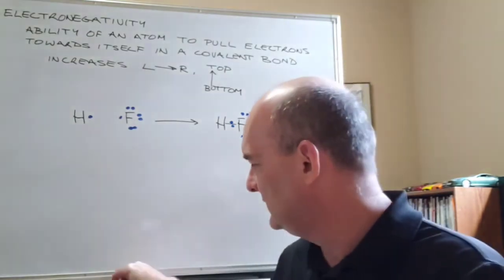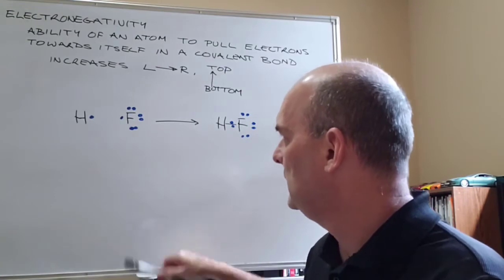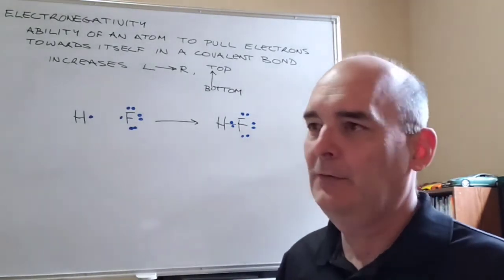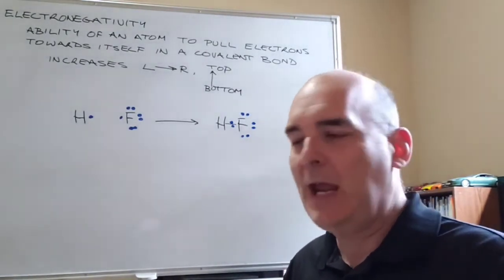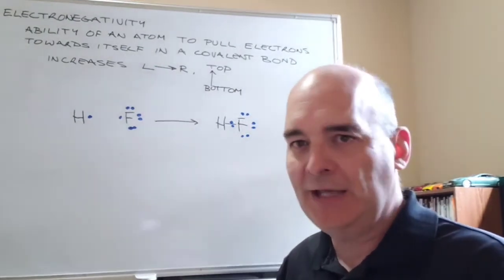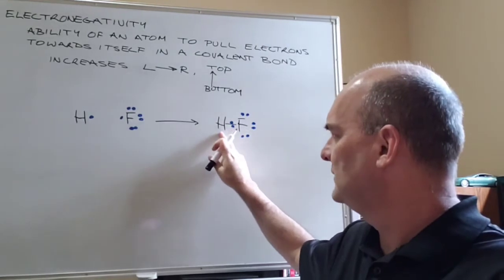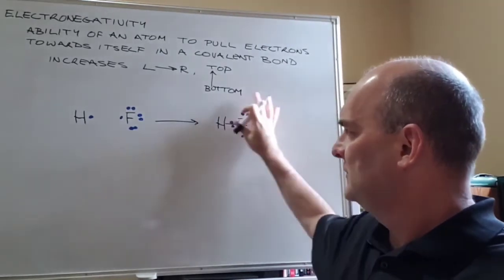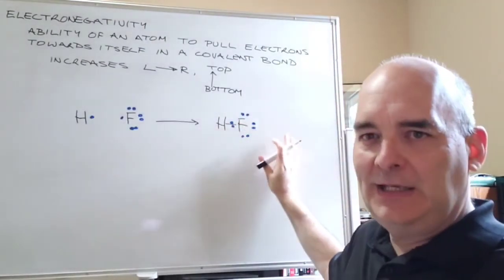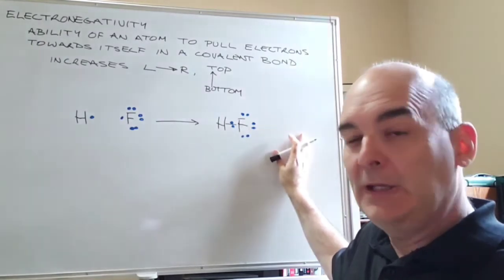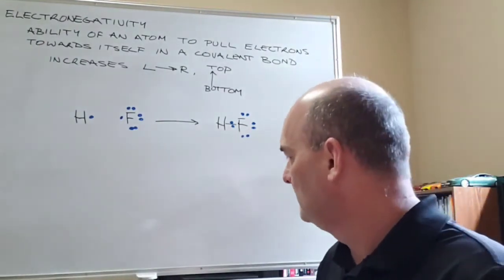Let's look at a simple molecule. Here is HF. And this molecule is actually covalent in the gas phase. 2 electrons shared between 2 atoms right here. And I think you can see that all the electron density is on the fluorine end of this molecule.